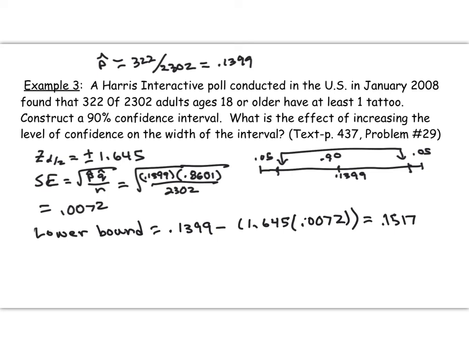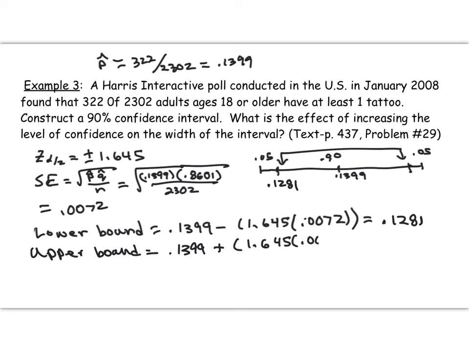Nope, just kidding. That's my upper one. The subtraction actually gives me 0.1281. And when I add that value, I get the other one instead. That's when I get 0.1517.